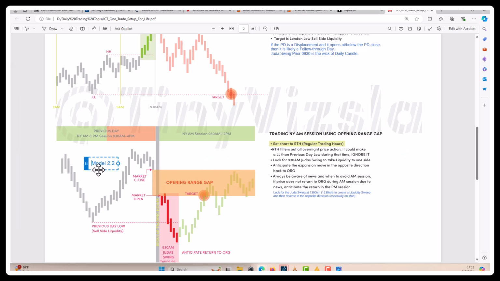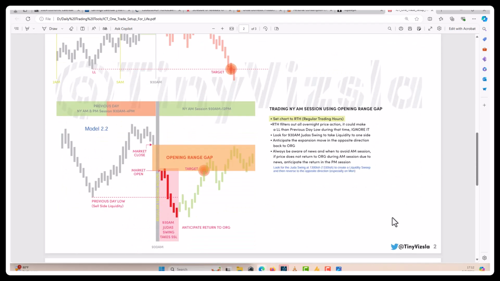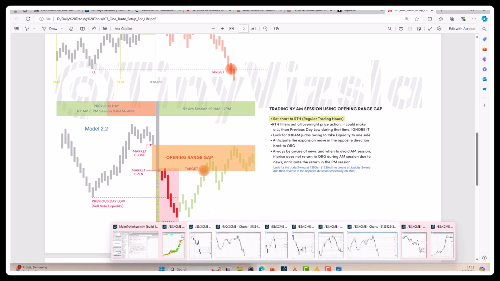Let's move it over here. Yeah, 212, let's save it. All right. So today we have a gap up, and for the gap up we look at the regular trading hours.